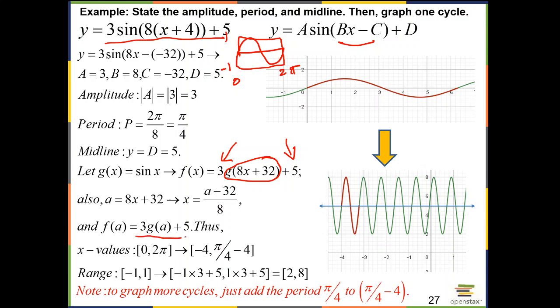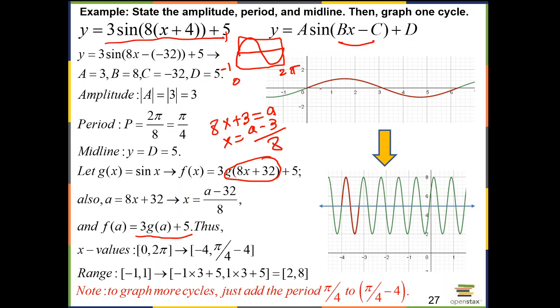So this is the y coordinate. And what happens to the x coordinate? Well, we're going to take 8x plus 32 and set it equal to a and solve for x. So x is going to be a minus 3 divided by 8, right?